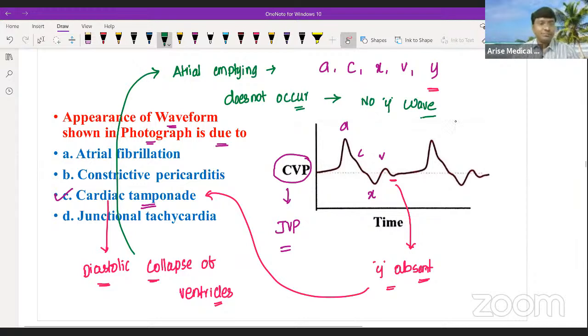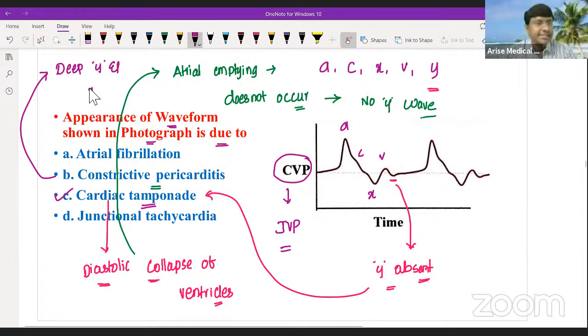Okay, so that is about that, and you take the other conditions. In constrictive pericarditis, what will be the JVP findings? Can anyone tell me? In constrictive pericarditis, please remember that you will have deep Y and X descent.